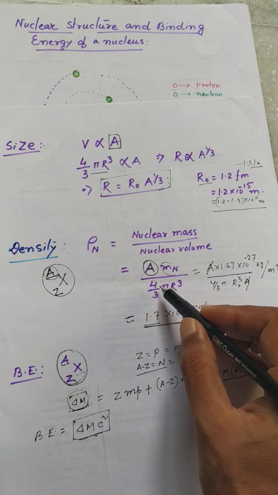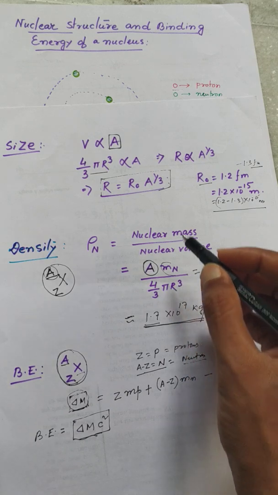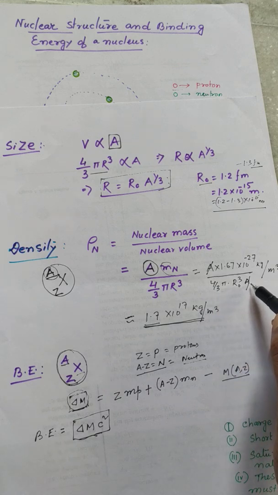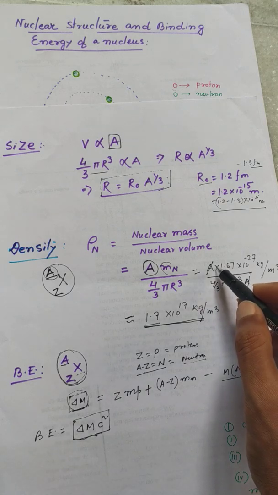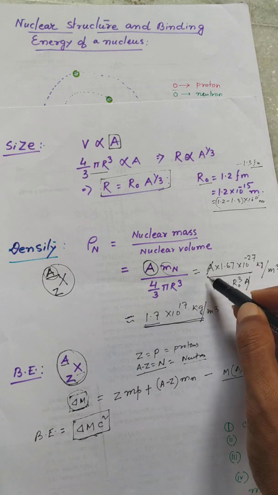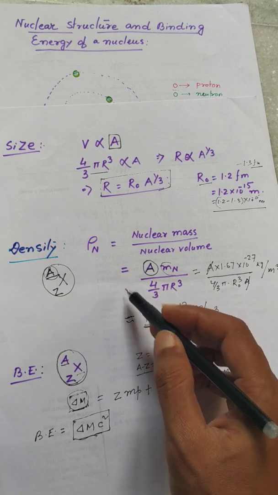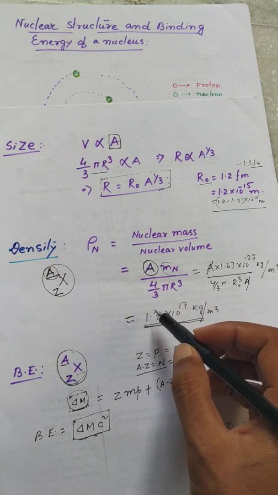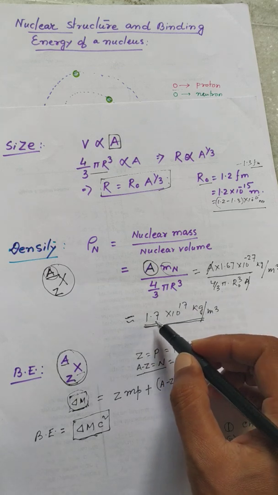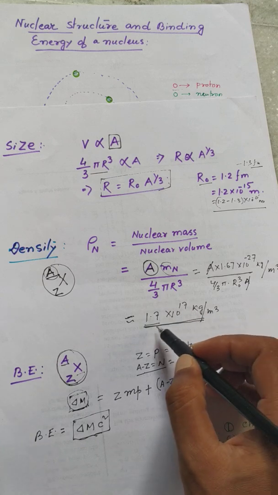The volume is 4 by 3 pi r cube. If you substitute the value of r into the expression, since both in the upper and lower terms there is A, it can be cancelled, and finally we get the expression for the density of the nucleus, and the value is about 1.7 times 10 to the power 17 kg per meter cube.